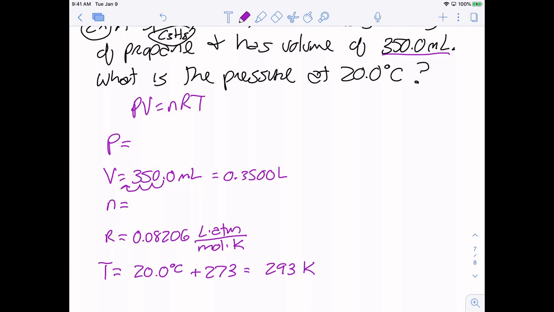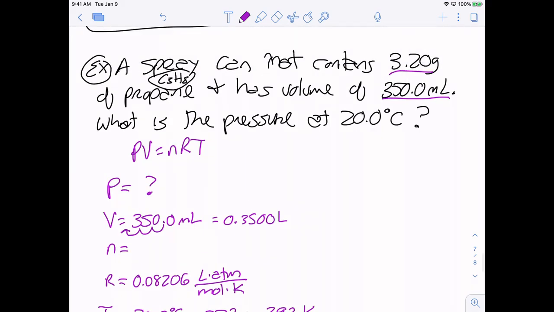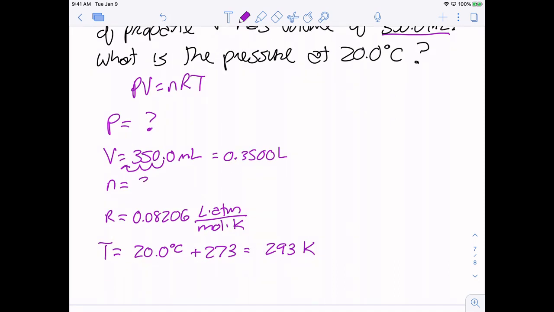Pressure is what I'm solving for. And then my number of moles, I am given grams, remember? 3.20 grams of propane. And we can look at the periodic table, figure out the molar mass of propane, and then divide by that molar mass to get moles.